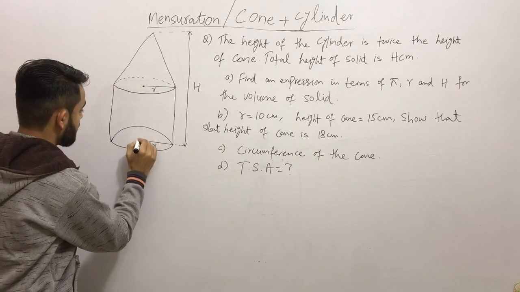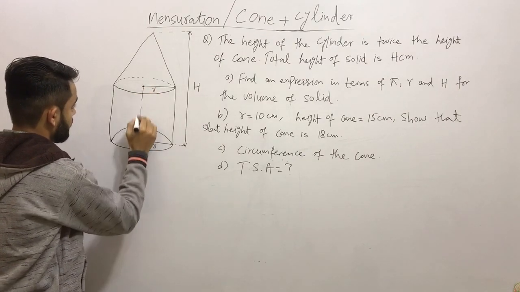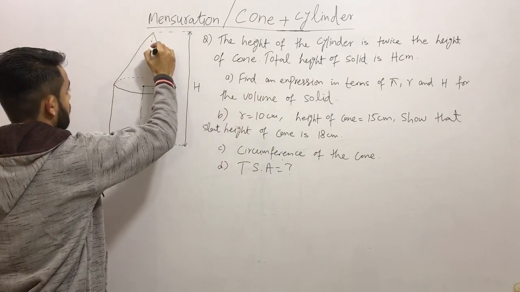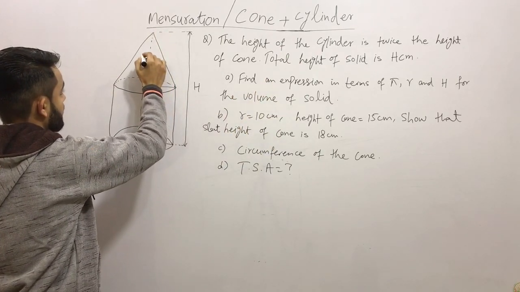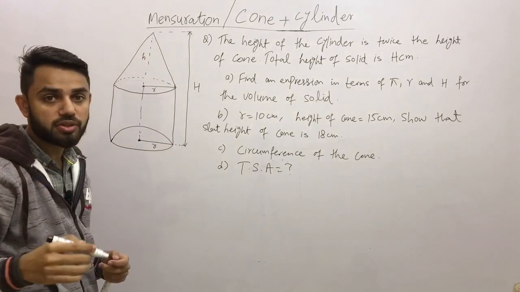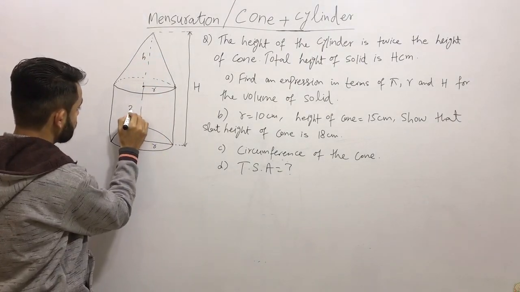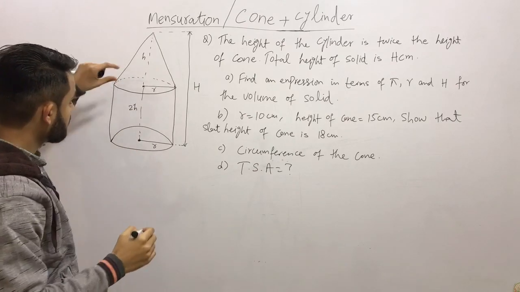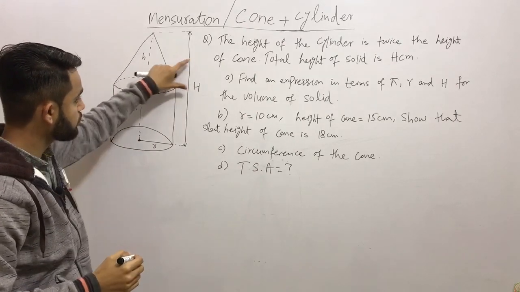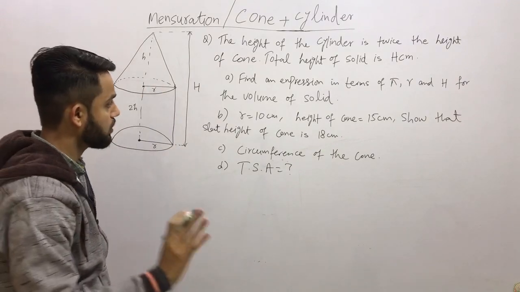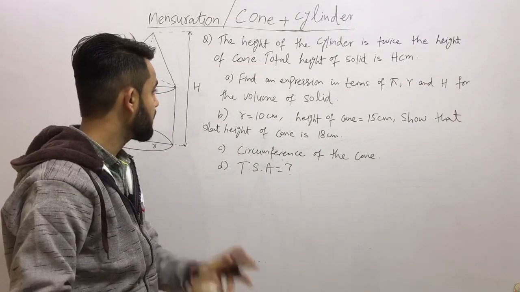So this is the height of the cylinder, and this is the height of the cone. Let's say the height of the cone is h. The height of the cylinder is 2 times that, so it is 2h. So h plus 2h gives you the capital H, which is the whole height of this solid. That's very clear.